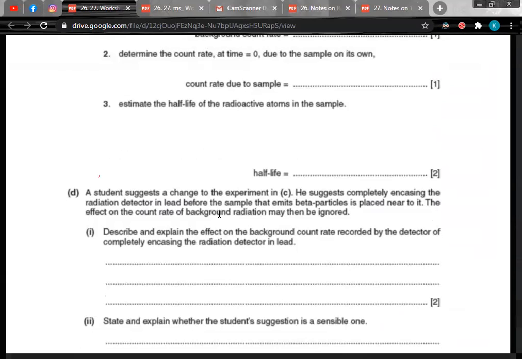The effect of background radiation on the count rate may then be ignored. Describe and explain the effect on the background count rate recorded by the detector of completely encasing the radiation detector in lead.